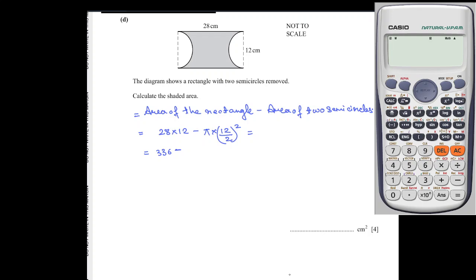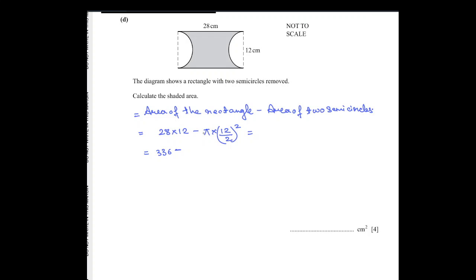So pi into 12 by 2, open the brackets, 12 by 2, close the bracket, square, pi r square is equal to 113.097. Find out the answer.